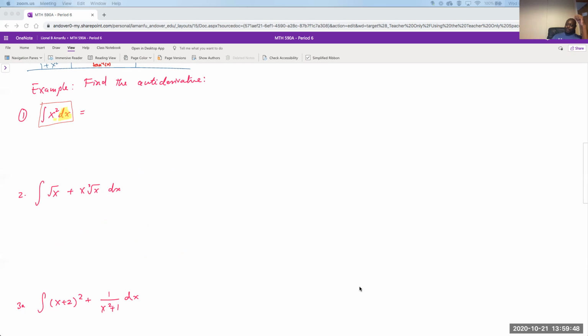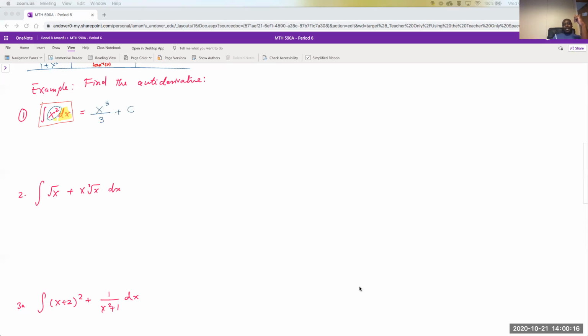All right. So back to the problem that we're trying to solve here. So if I'm trying to solve this, I can clearly see that I see x to the n. It looks like number 3. So I can apply the power rule of integration, which says I'm going to increase the power by 1 and divide by the new power. So this becomes x cubed over 3 plus c.